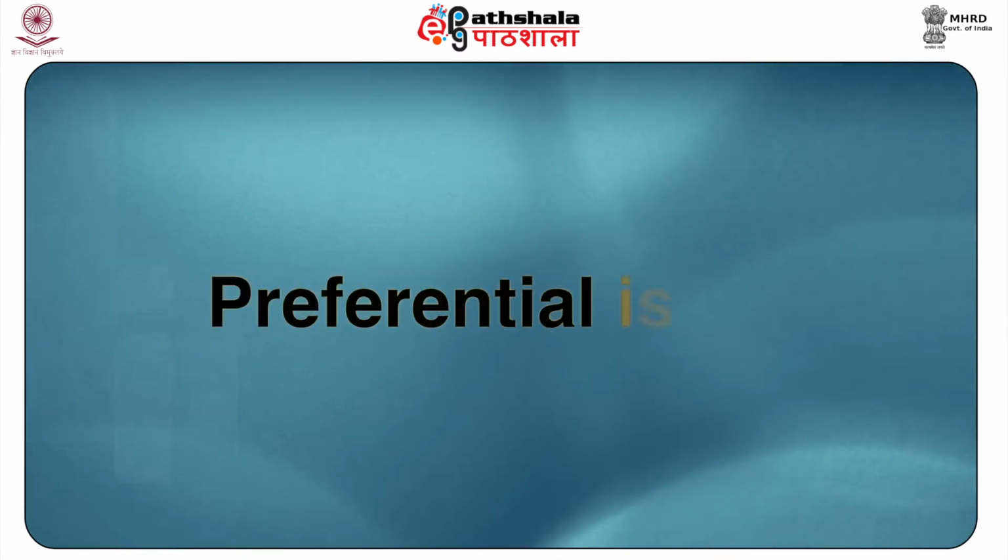For example, a rights issue of 1:8 means that an existing shareholder can purchase 1 share for every 8 shares held by him. Preferential issue. Preferential issue is the allotment of shares on a preferential basis to a select and pre-identified group of investors at a predetermined price.